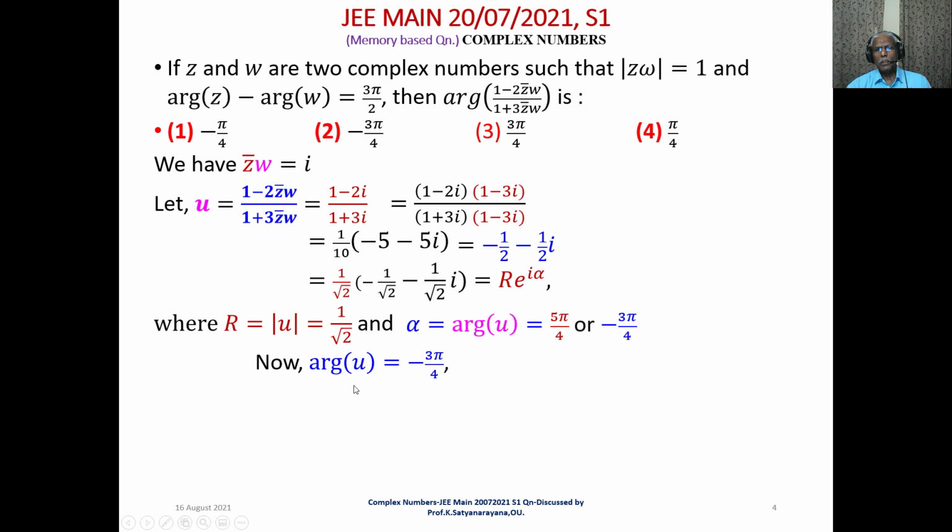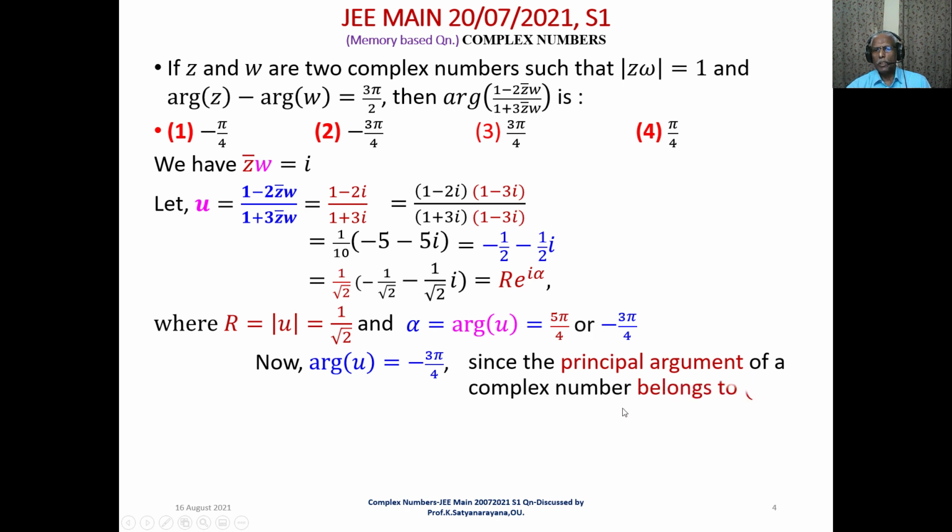Now, argument of u is minus 3π/4. Why? Because the principal argument of a complex number belongs to minus π to plus π, open on the minus π side and closed on the π side. So 5π/4 does not belong to this, whereas minus 3π/4 belongs to this.